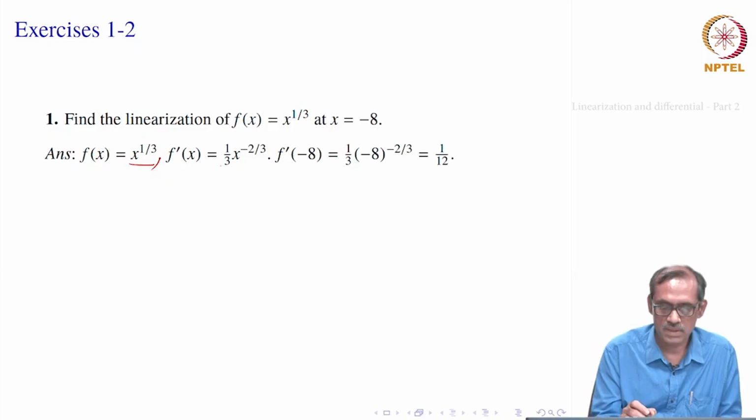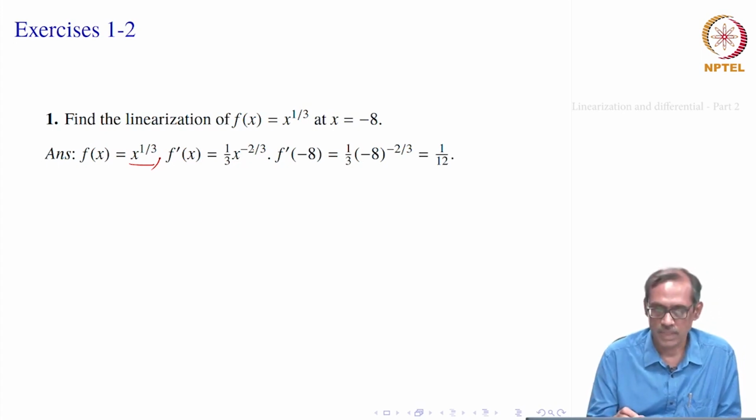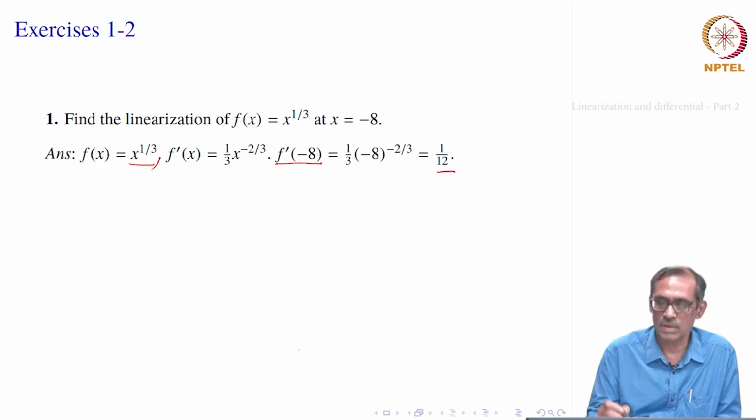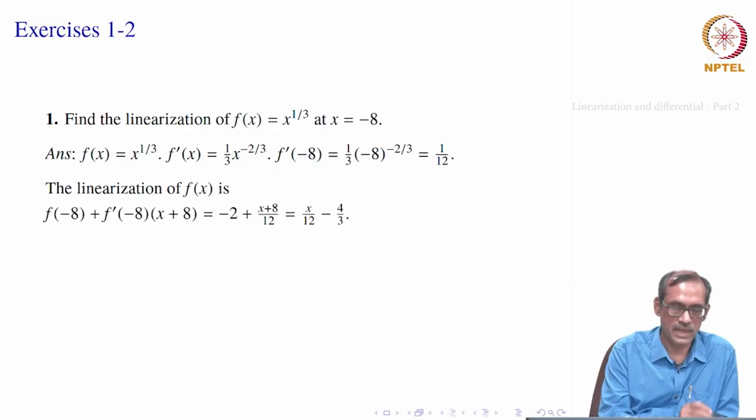Therefore, we go to f prime of x, differentiate it, that is 1 by 3 x to the power 1 by 3 minus 1, which is x to the power minus 2 by 3. And when we substitute, we get f prime of minus 8 equal to 1 by 3 times minus 8 to the power minus 2 by 3. So, that gives minus 2 to the power minus 2, which is 1 divided by 4, that gives 1 by 12. Okay.